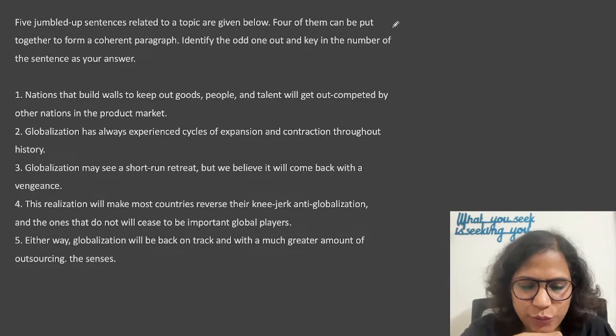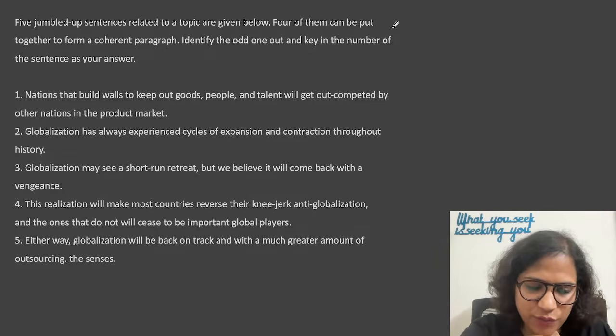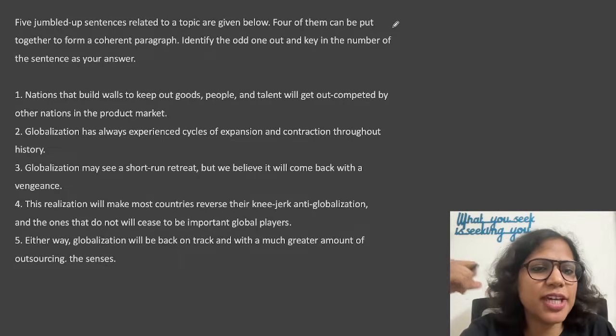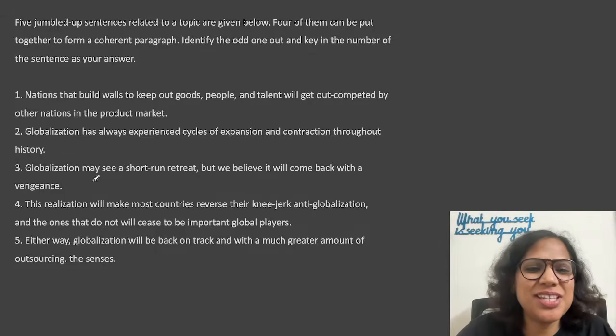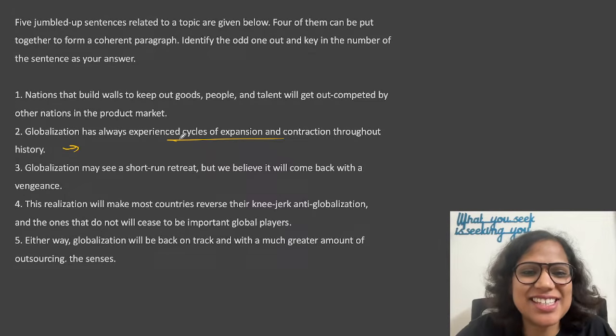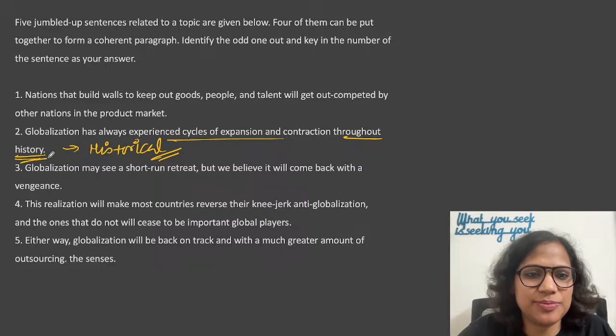Okay, already got 4 responses, 5 now, and it's a unanimous 2. Okay, perfect. 2 is generalized. Yes, it is contextualizing, basically talking about the historical dimension of it, yes, throughout history.